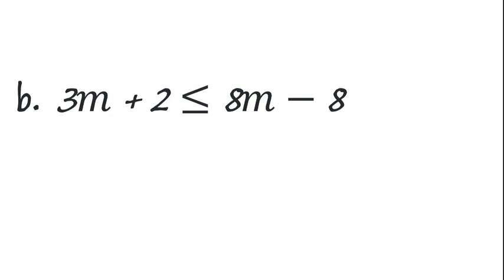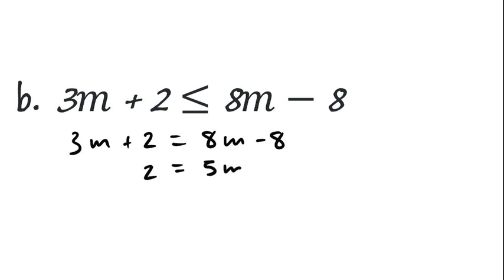Again, I'm looking at this as an equation: 3m plus 2 is equal to 8m minus 8. If I subtract 3m from both sides, this becomes 2 is equal to 5m minus 8. If I add 8 to each side, this becomes 10, so 10 is equal to 5m.